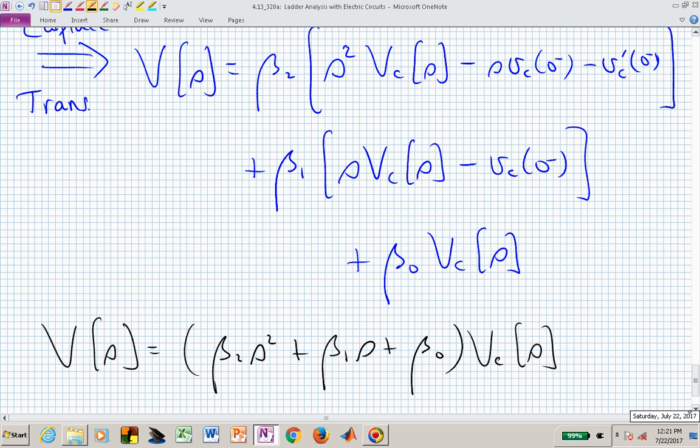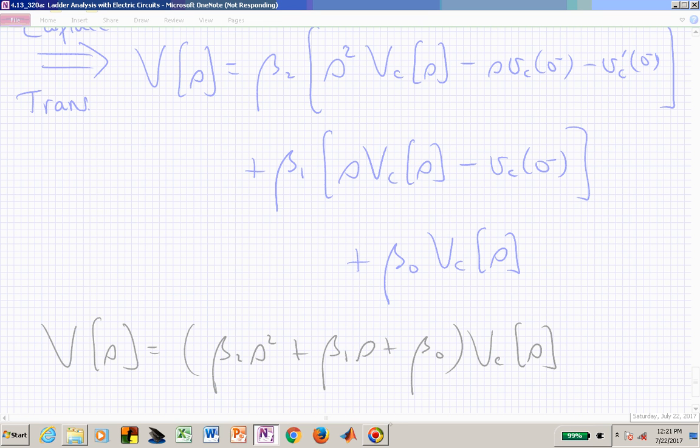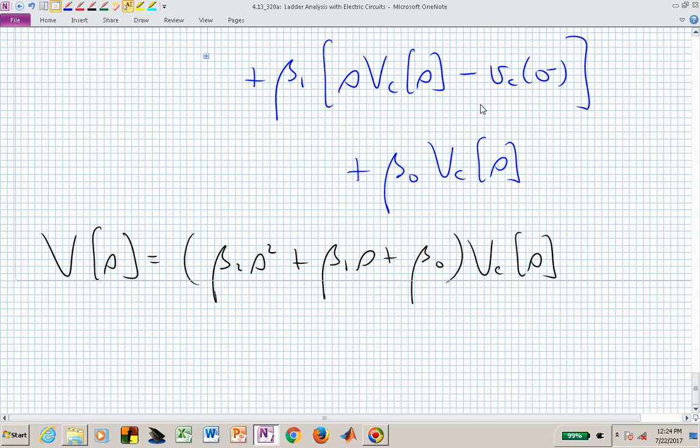And now we have our initial condition terms to keep track of. We have our polynomial in S that scales the Laplace transform of the variable that we want to find in the time domain, which is the output voltage of our capacitor.